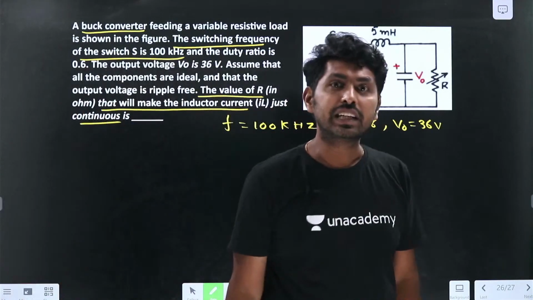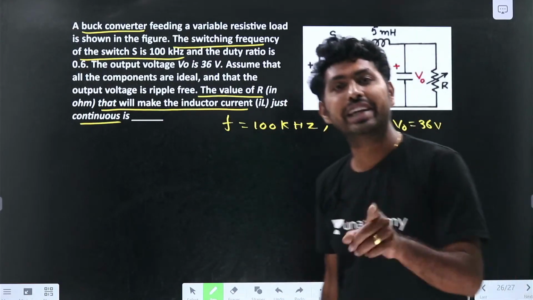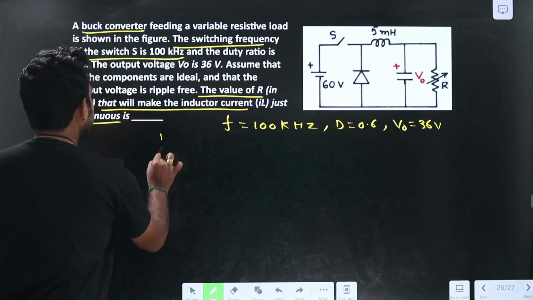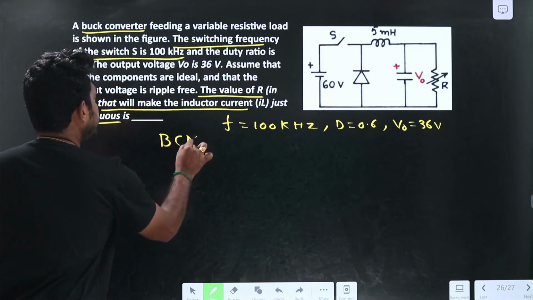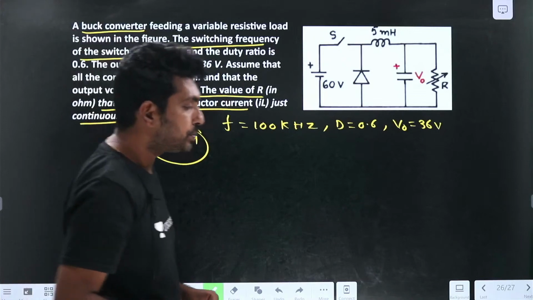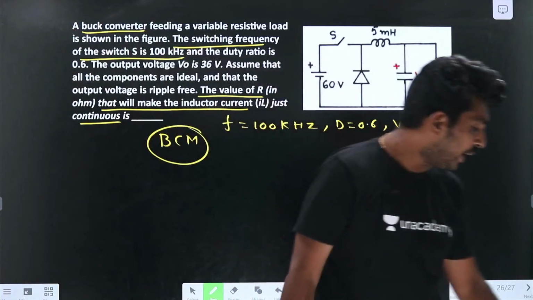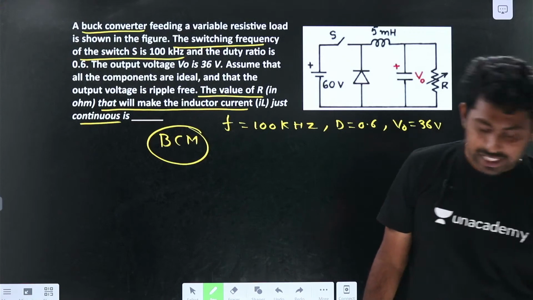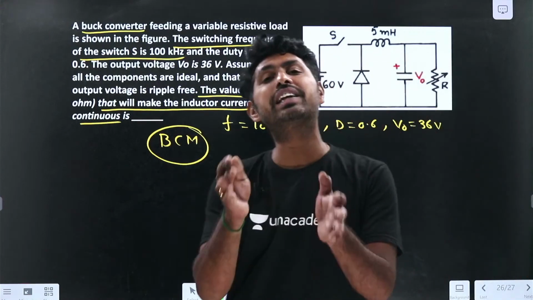That means this converter should operate in the boundary conduction mode. Just continuous means it is operating in the boundary condition.